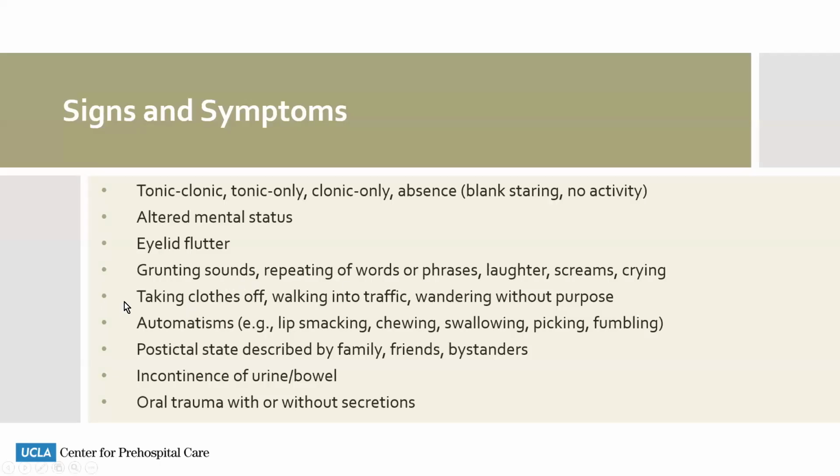Now, you've heard of people walking in the middle of the street and they're naked as a jaybird. So that could be part of a pre-ictal type of seizure, or it could be the type of seizure they have. And we get real testy about this stuff.